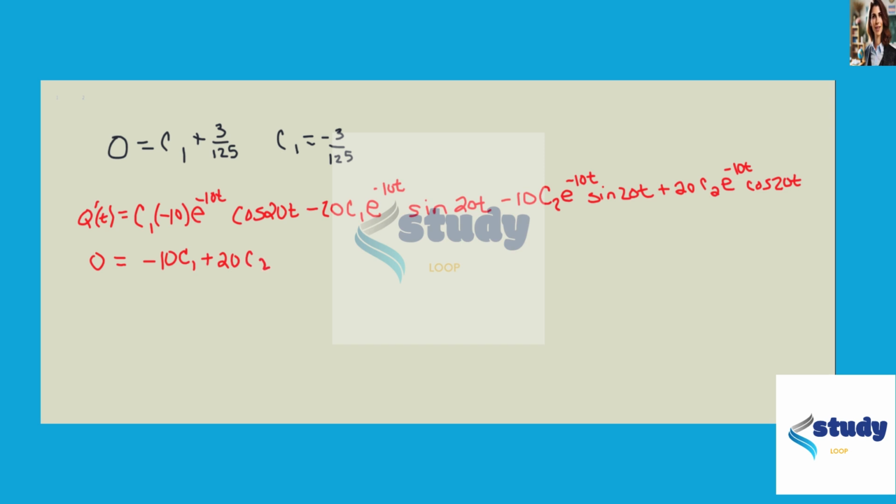I plug in my negative 3 over 125, so I end up with 30 over 125, that's a 3, equals 20 times C2.